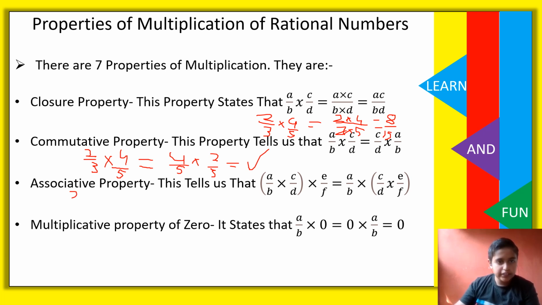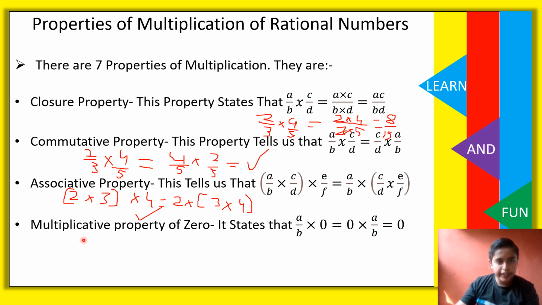A upon B will be considered as 2, C upon D as 3, and E upon F as 4. So now let's solve this. 2 into 3 is 6, and 6 fours are 24. And now 3 into 4 is 12, and 12 twos are 24. So this property is also correct as we solved it.